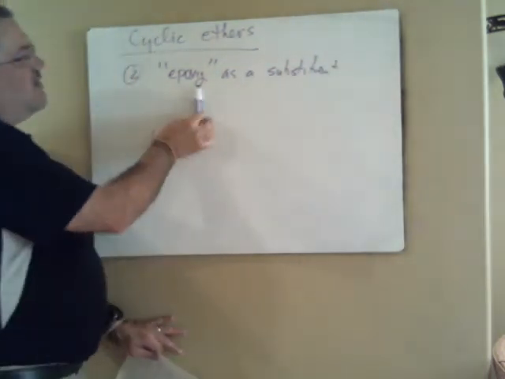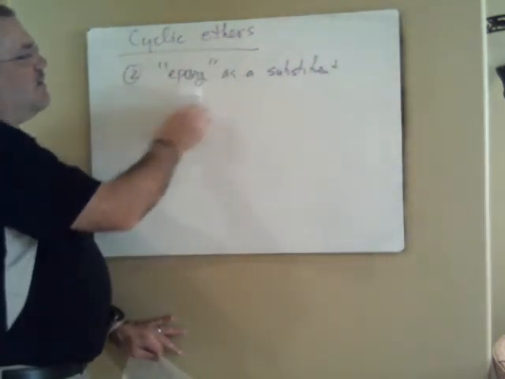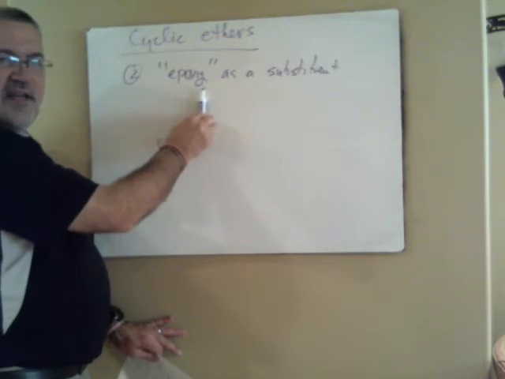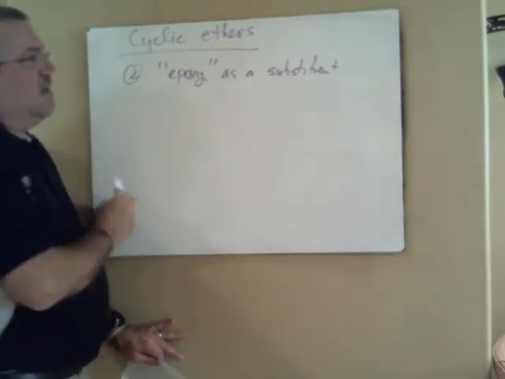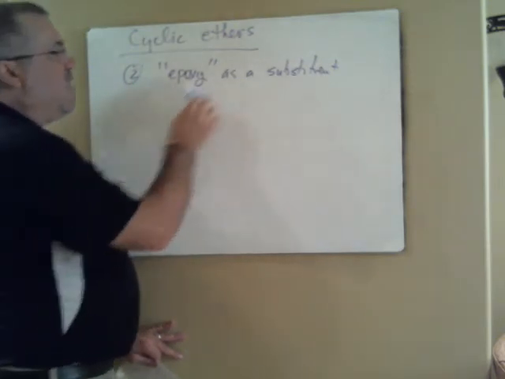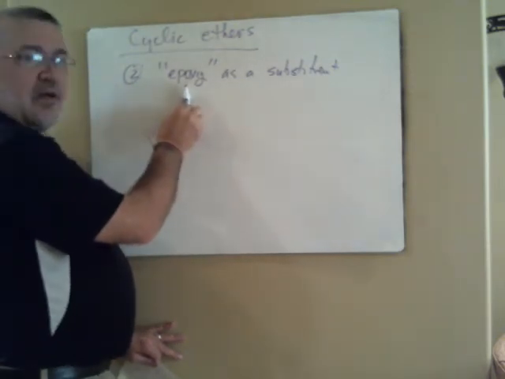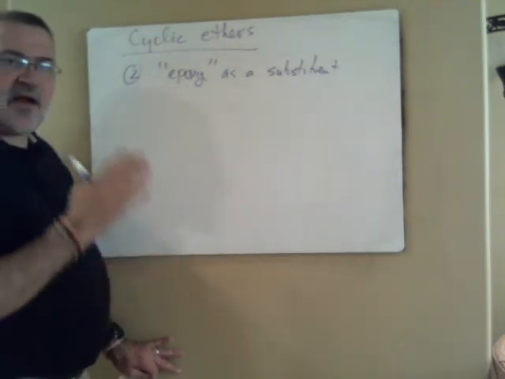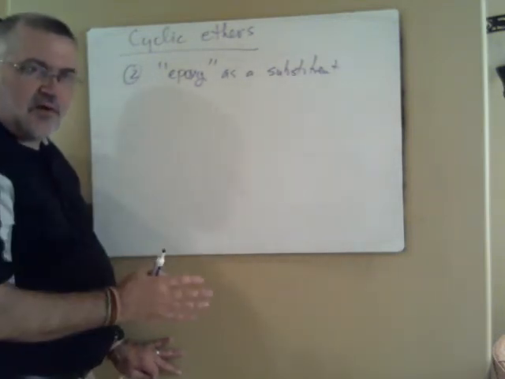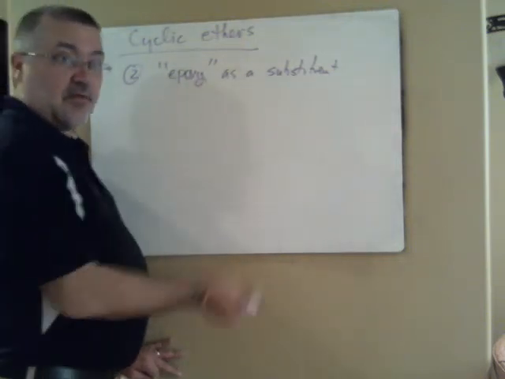Now that makes sense because we said that ethers as a substituent, you use this oxy nomenclature anyway, but this is epoxy. Okay, and so the thing to remember here is you're treating the whole epoxide as a substituent. So you're thinking about it as one unit, just the same as if it were a methyl group.